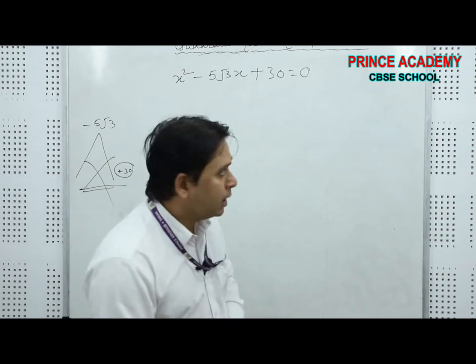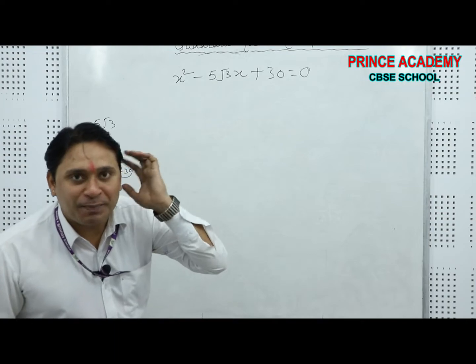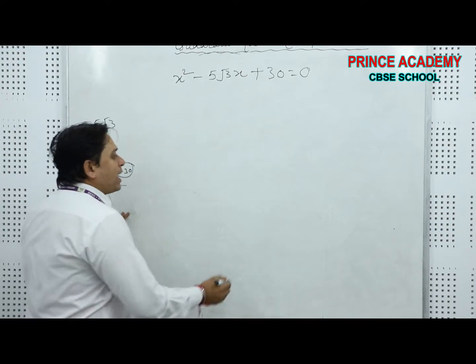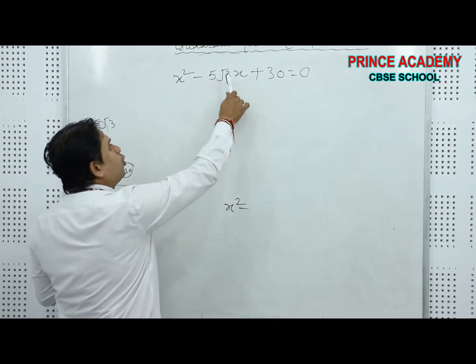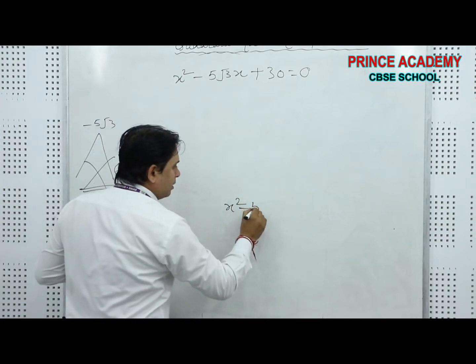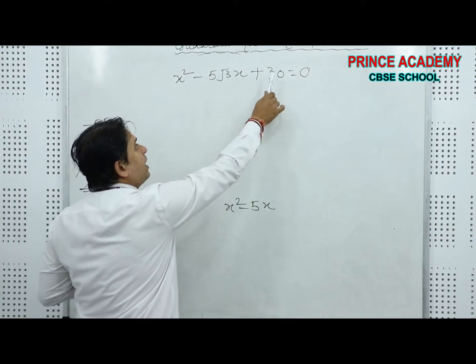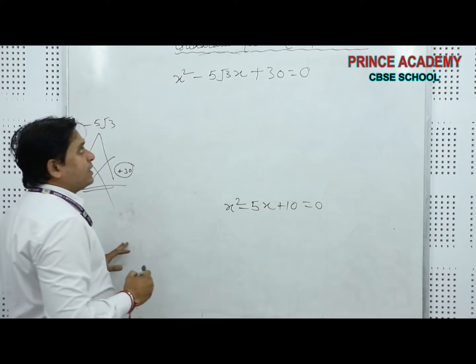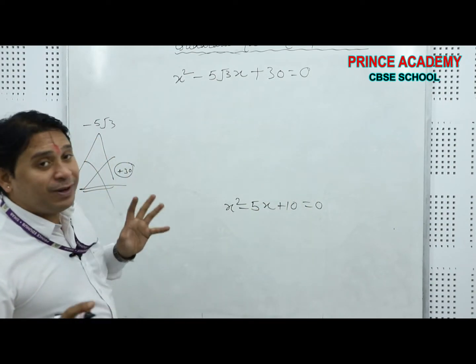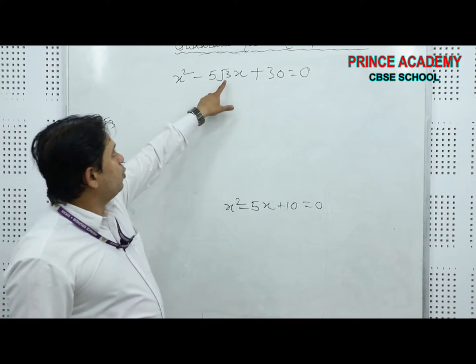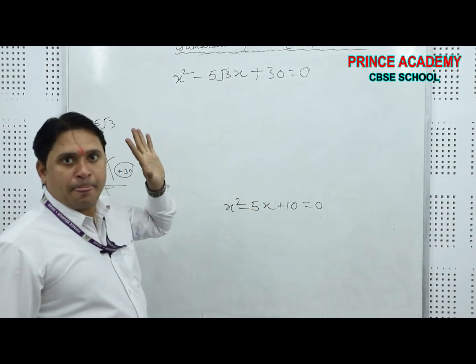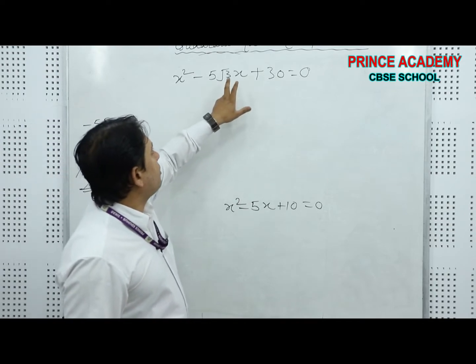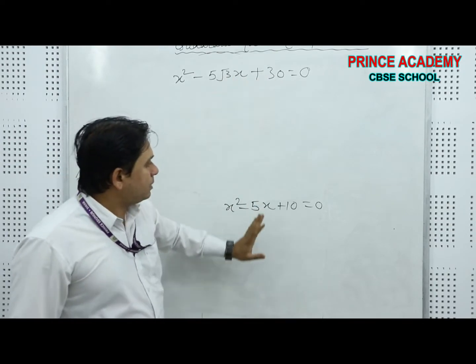Do not worry. See, what is my thought process? I will remove the root 3 from here and divide 30 by this 3. Okay, yes or no? Done? See beta, what we did here: we removed the root 3 from here and divided this 30 by 3.